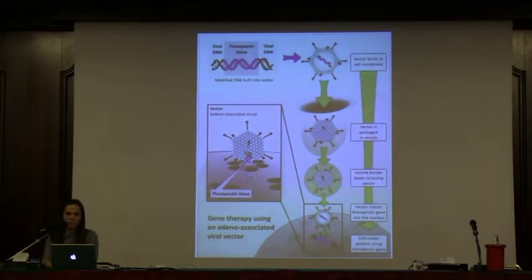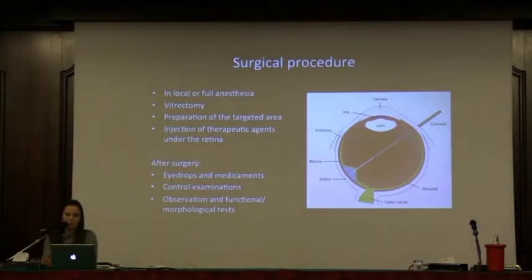Now, if you want to imagine how it would look in a human eye, how it would look in your case, of course, it is a surgical procedure, but it is not very long, although you have to be very careful and you also have to be very prepared.